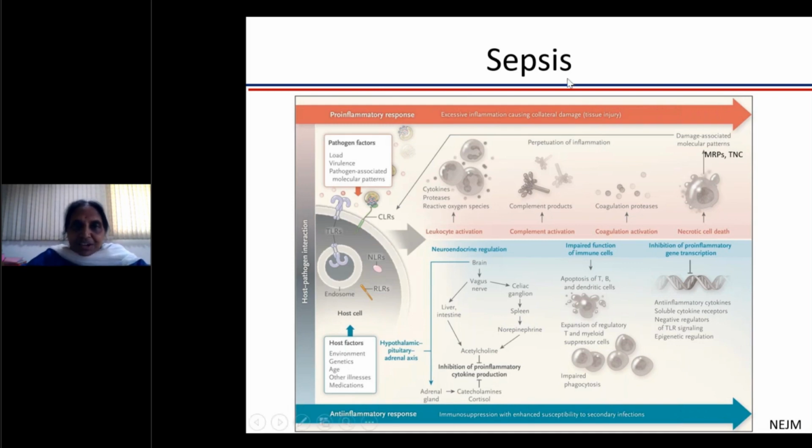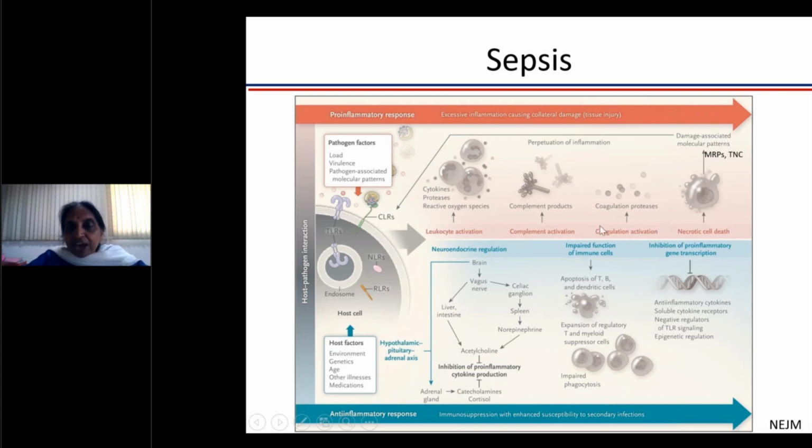So these will bind to the TLRs. Once they bind to the TLRs, we know that once the TLRs are bound, either the endosomal TLRs or the surface TLRs, they cause release of multiple cytokines. TNF, interferons, all these activate the neutrophils, which give rise to reactive oxygen species, proteases, and we showed you yesterday that there is complement activation.